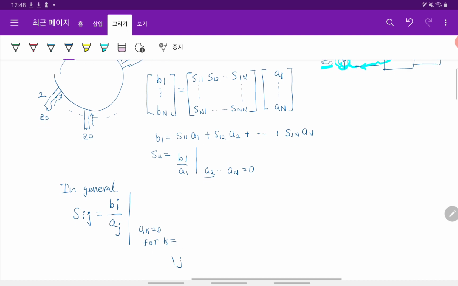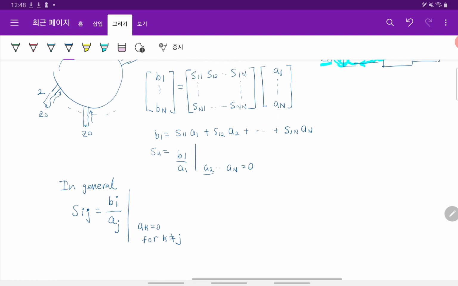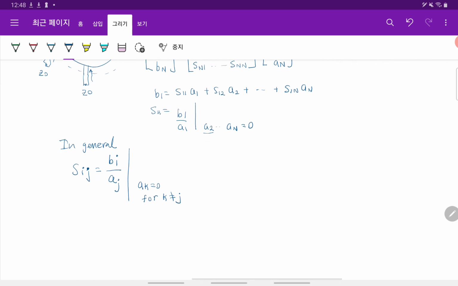Similar to Y and Z parameters. So Sij can be found by injecting the incident voltage to port j, right? Port j is the source.